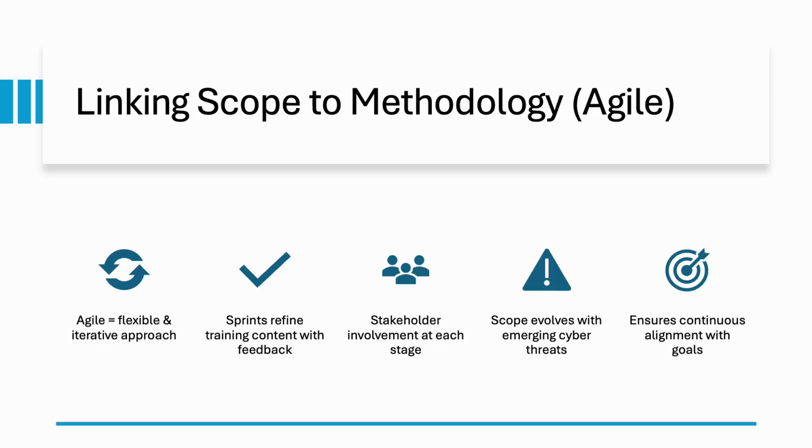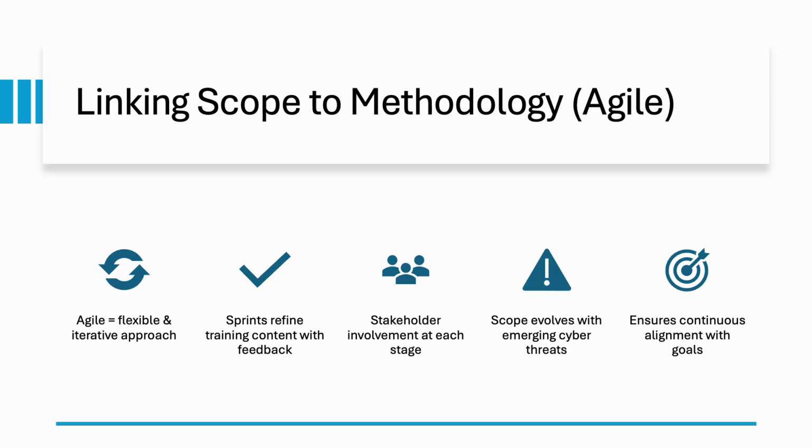Each sprint focuses on producing a functional piece of the project, such as a phishing simulation module, a reporting dashboard update, or a training video. At the end of each sprint, the deliverable is tested, reviewed by stakeholders, and refined for improvement. This cycle continues until the project scope is fully achieved.